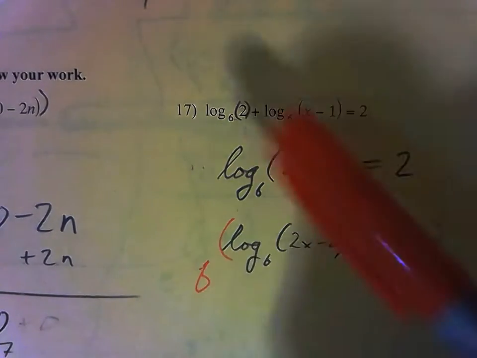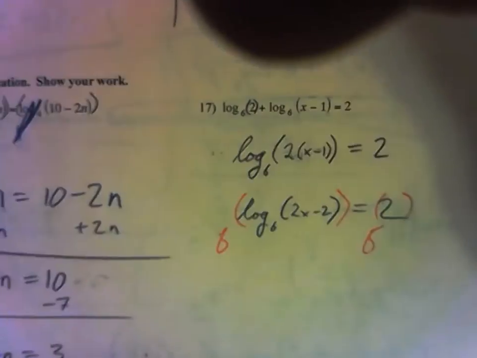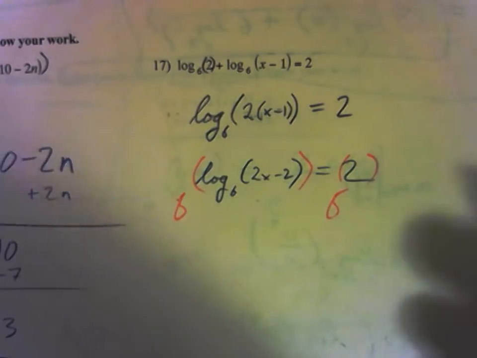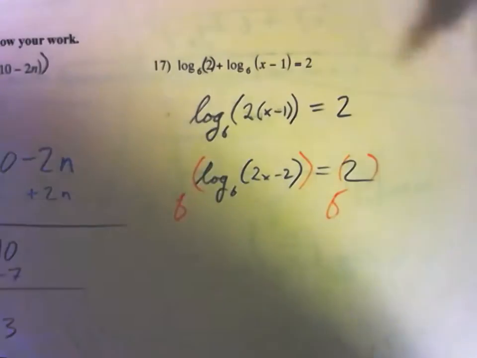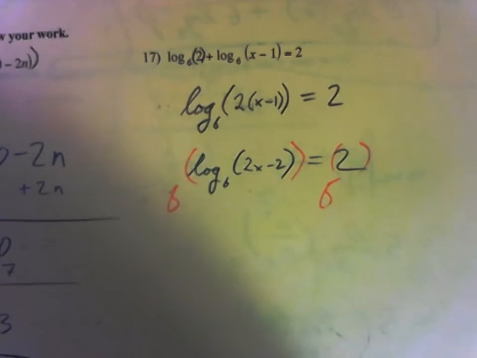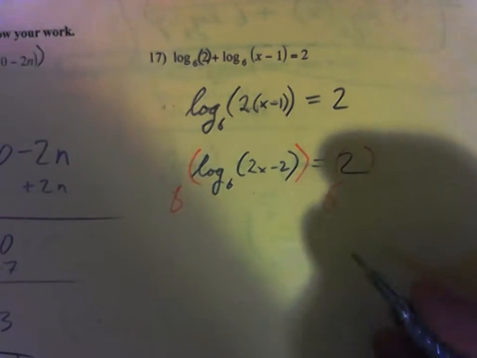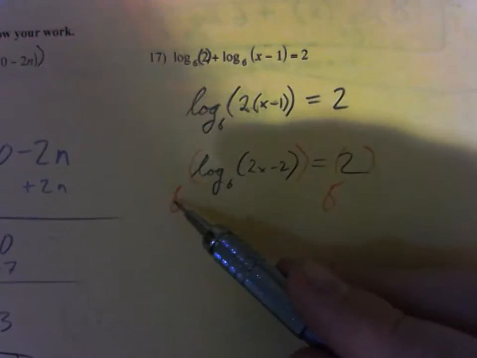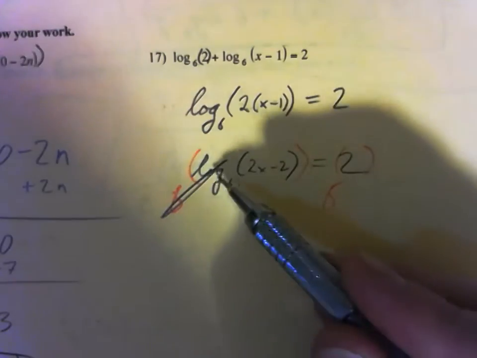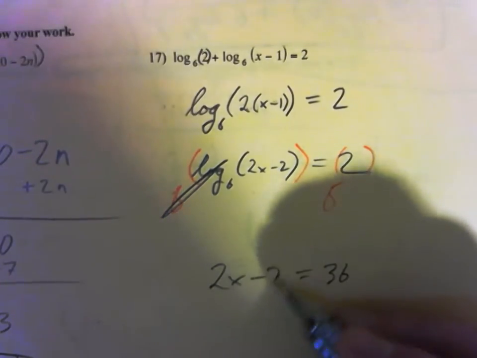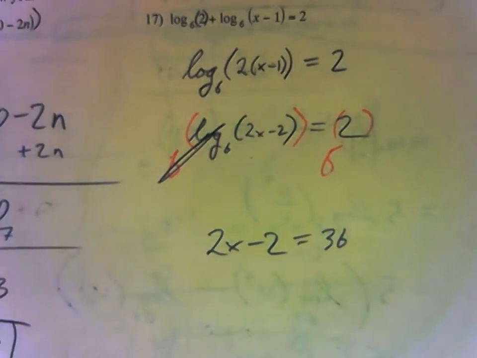Don't try to do that at the very beginning. That will mess things up. You can ask me in class why exactly it would mess things up. But anyway, 6 squared is 36, not 12. 6 to the power of log base 6 of something, we'll just leave the something. So 2x minus 2 equals 36.